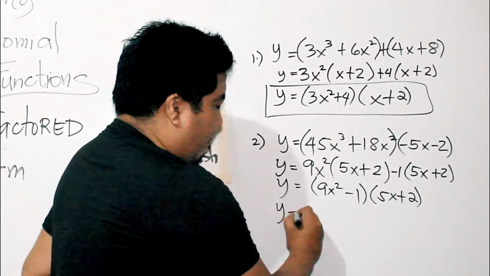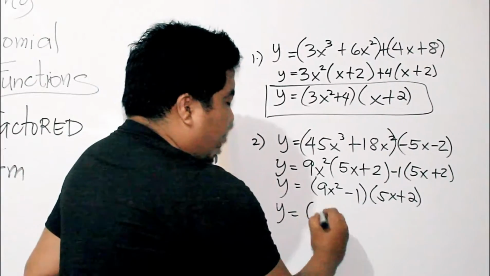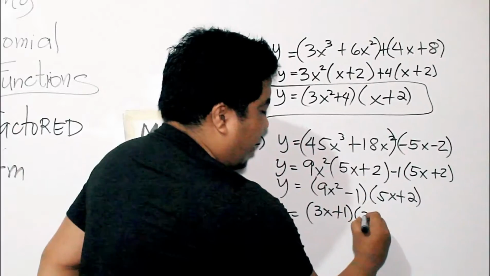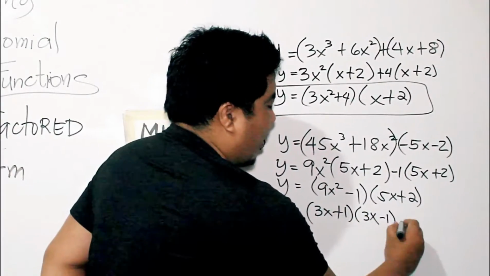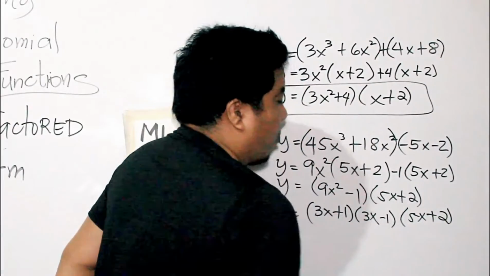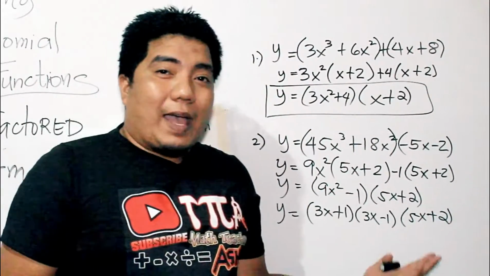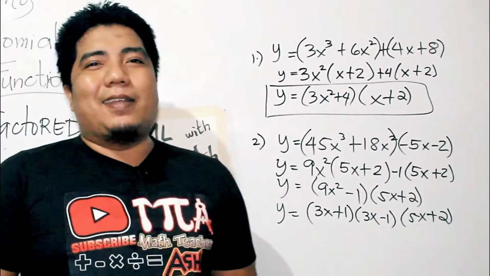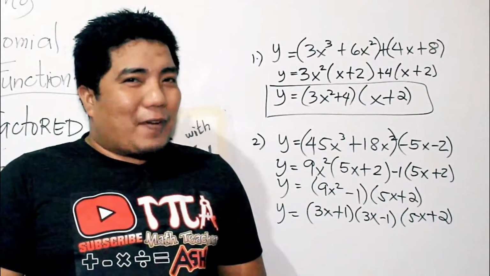So for 9x squared minus 1, this will become 3x plus 1 and 3x minus 1, times the other binomial. So now I have the complete factored form of the second given polynomial function.